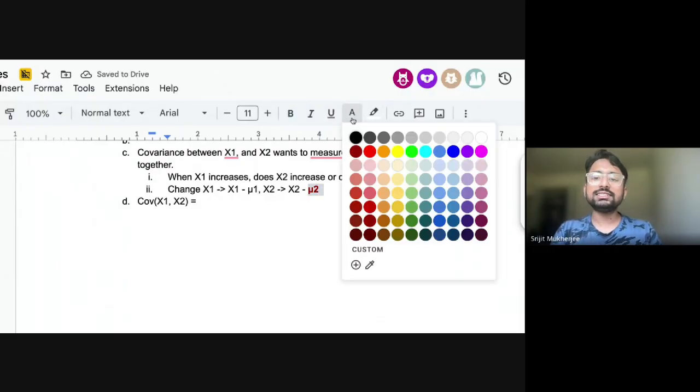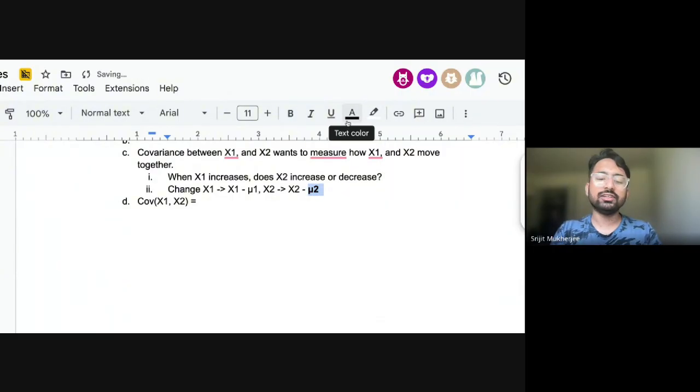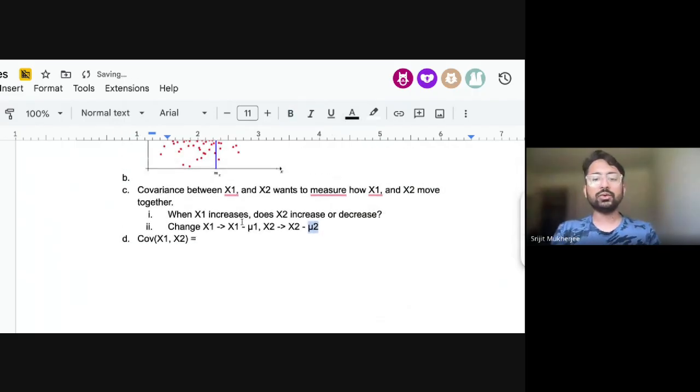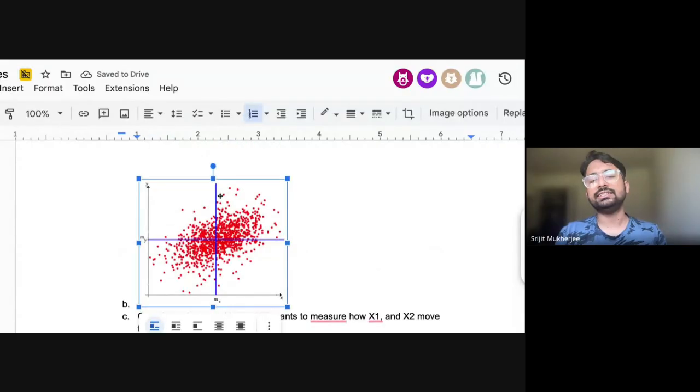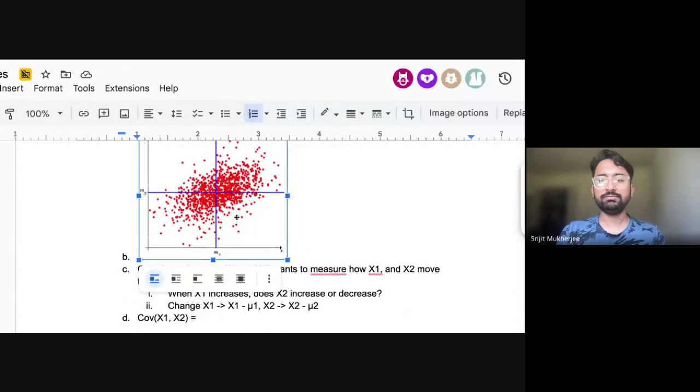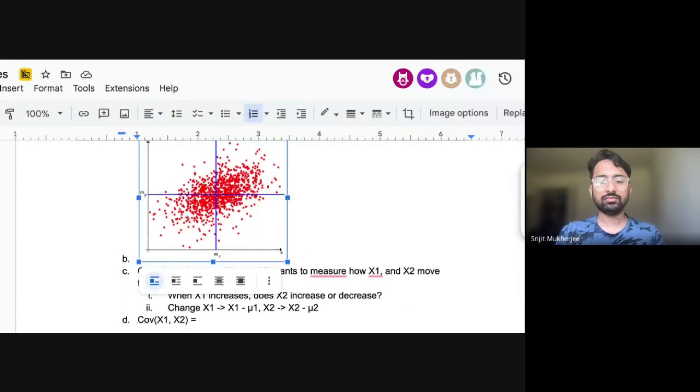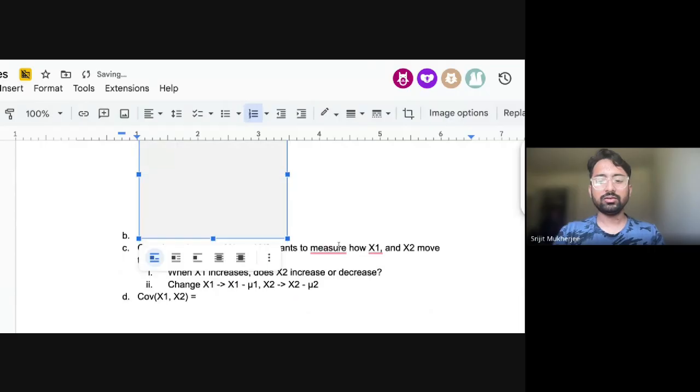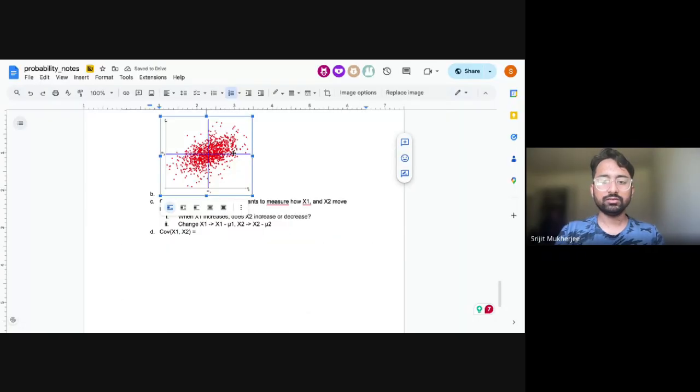Now what this does is it helps you understand irrespective of its mean. So when we change it, we get a graph something like this. I will move it probably here.